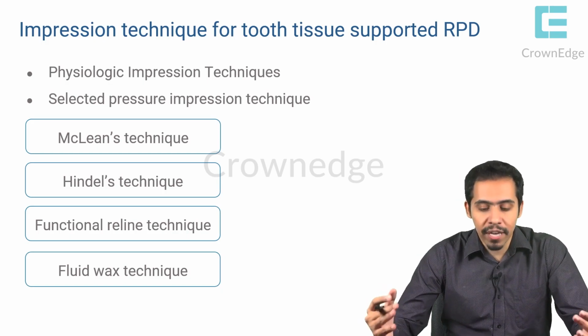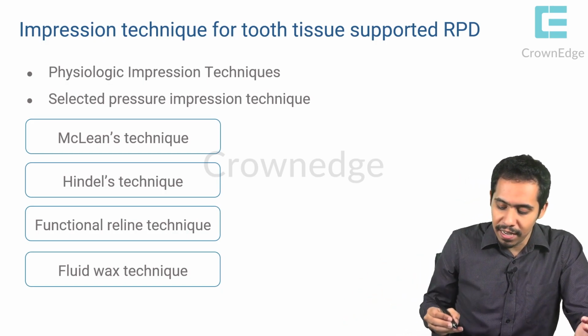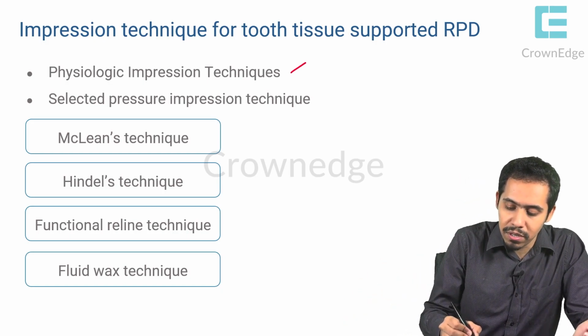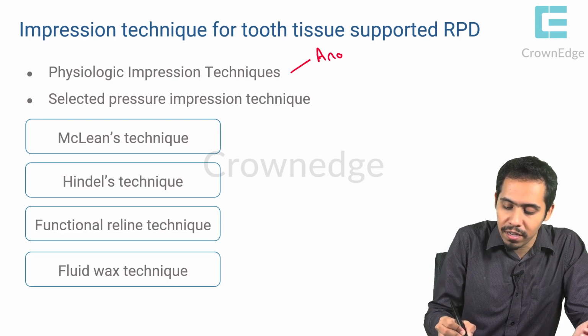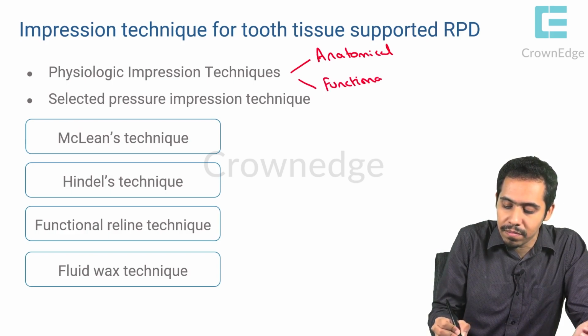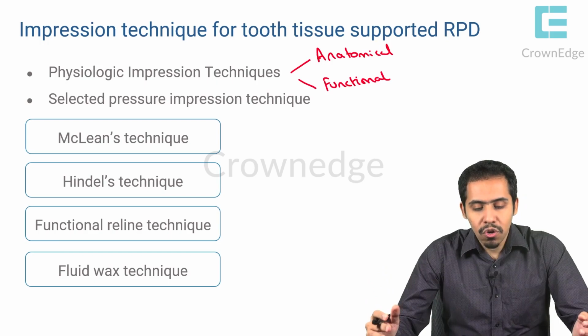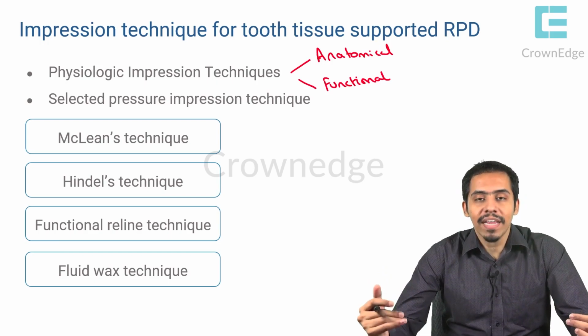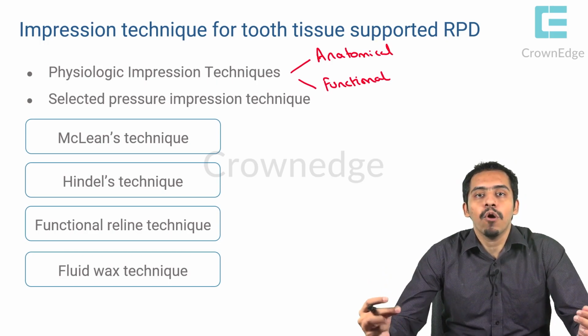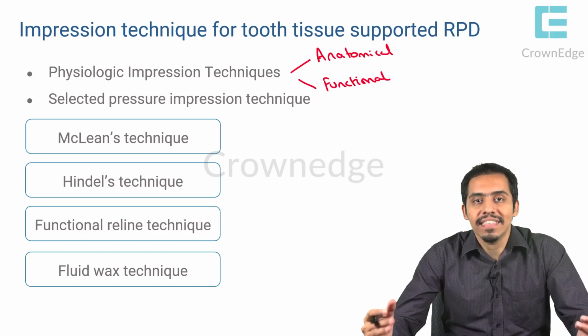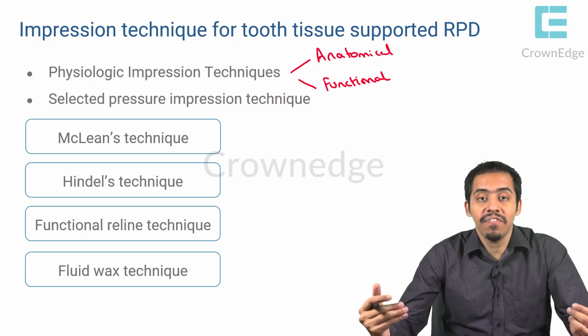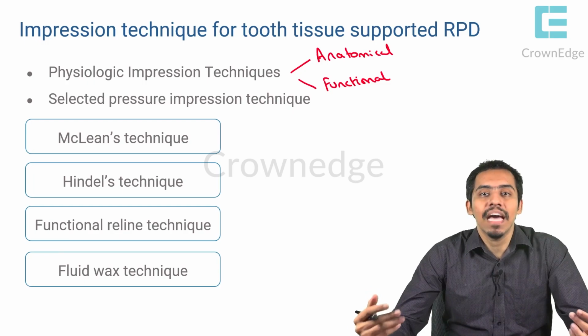When I'm talking about physiological impression technique, I'm again talking about your anatomical and your functional. What I mean when I say anatomical is that I am obtaining the impression at rest. When I say functional, I'm talking about a dynamic impression.